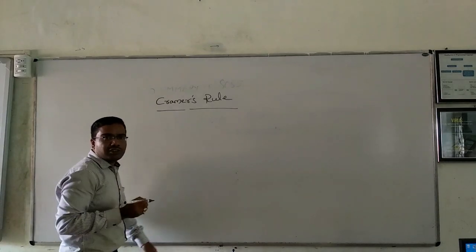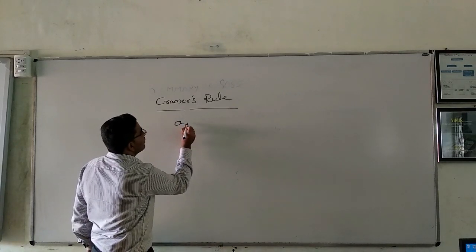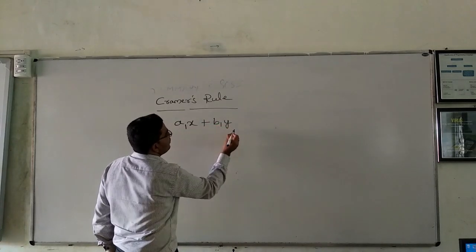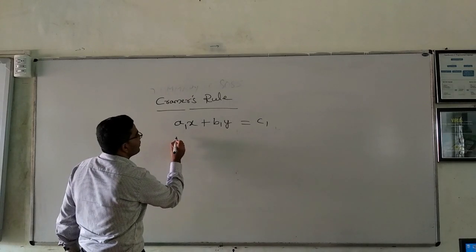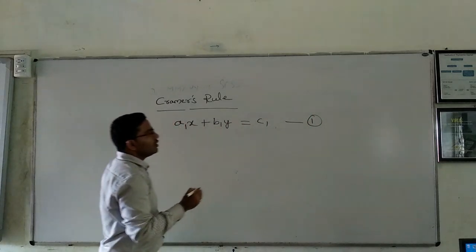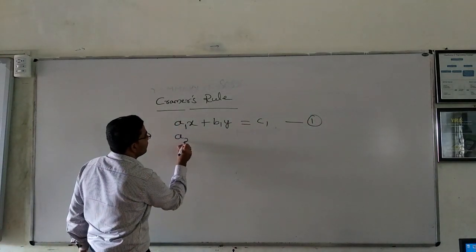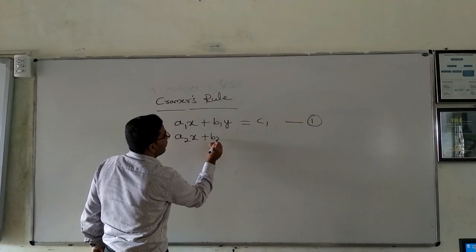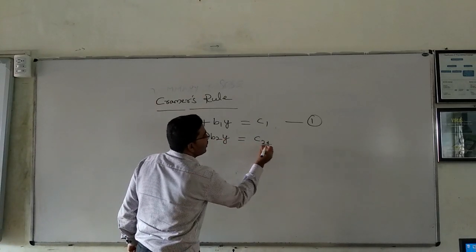Consider one linear equation. This is equation 1. Then I will take another linear equation, a2x plus b2y equal to c2.